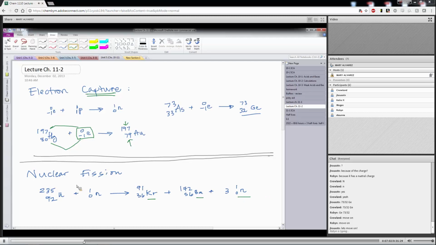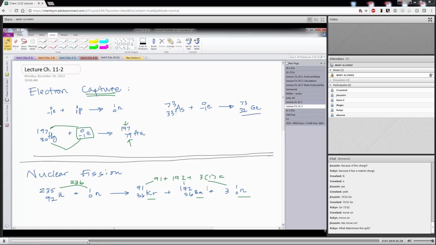First thing I want us to confirm is that mass is conserved. So 235 plus 1 gives us a total mass of 236. On the right-hand side, 91 plus 142 plus, this is 3 times 1.